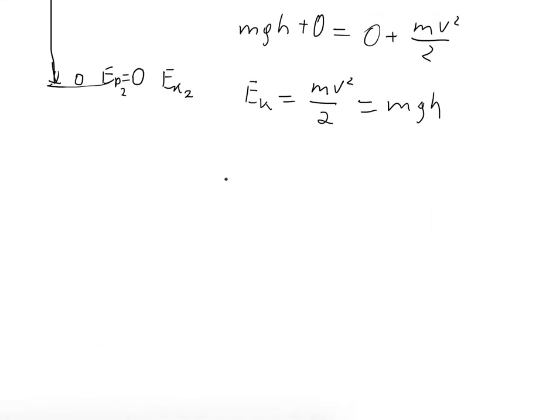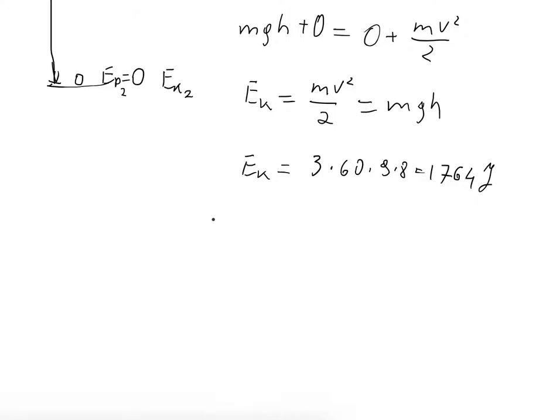So then if I apply that, EK will be equal to, in this problem, 3 times 60 times 9.8, and that's 1764 joules. And from that kinetic energy we can find the value of speed.